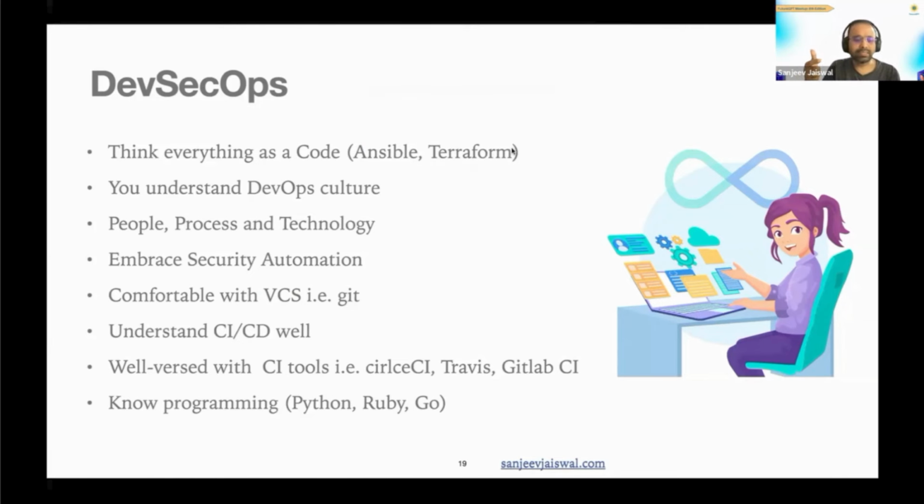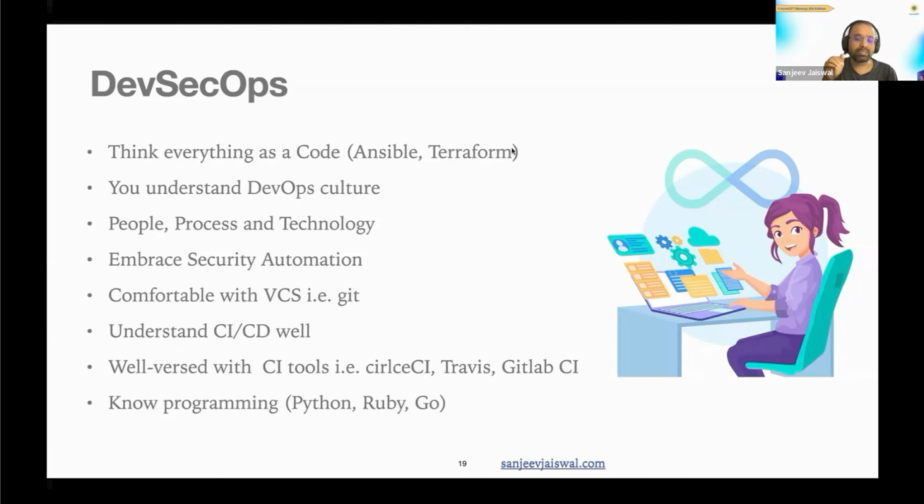Let's say people are using infrastructure as code, which is very common, and Kubernetes, a container system. So you should be good at, let's say, Kubernetes security, understand IaC very well, and also understand what DevOps knows. The DevOps person knows how Jenkins works and how to do continuous integration, continuous deployment, continuous development. The same thing you should understand.